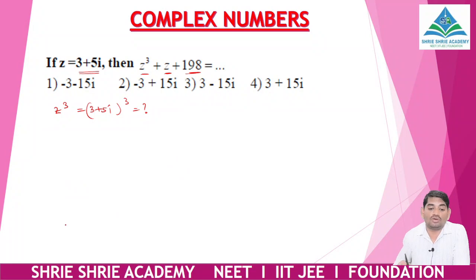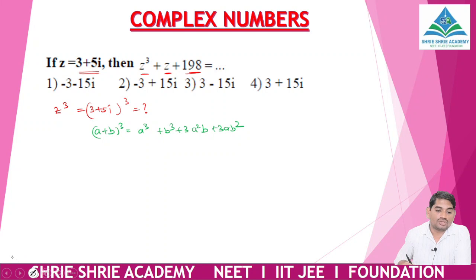We find (3 plus 5i) whole power 3 by using the identity (a plus b) whole cube. What is (a plus b) whole cube? a cube plus b cube plus 3a square b plus 3ab square. So I am going to apply this identity here. We get 27 plus 125 times i power 3 plus 3a square b, 3 into 9 into b, b is 5i, plus 3ab square, 3 into 25 times i square.